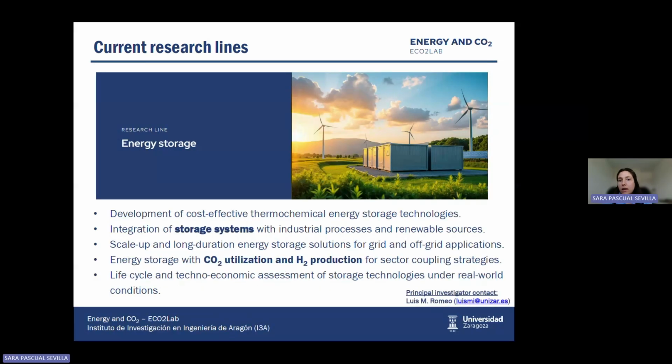Then the third line, the energy storage, especially the long duration thermochemical storage system integrated with renewable sources and also the hydrogen production. For more information on this research line, you can contact the principal investigator, that is Luis Miguel Romeo again.